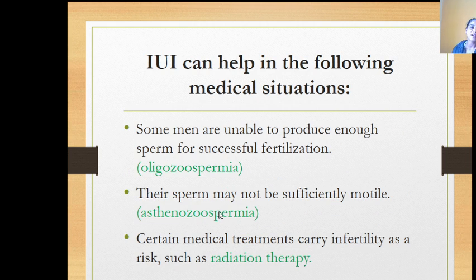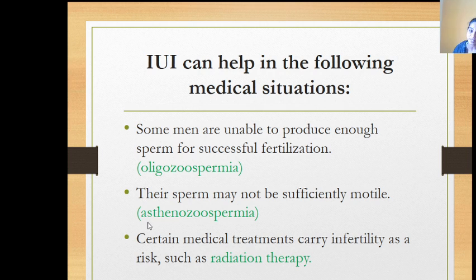In addition to that, it can also be useful in oligozoospermia. Oligo, you are familiar. Few. Zoospermia refers to spermatozoans. So where the sperm count is very low, in that case also artificial insemination can be useful. Or sometimes in certain cases the spermatozoans are non-motile, so they won't be able to reach the uterine cavity.